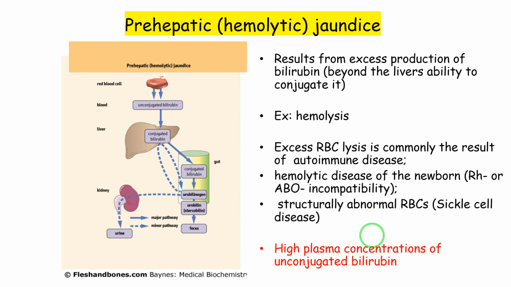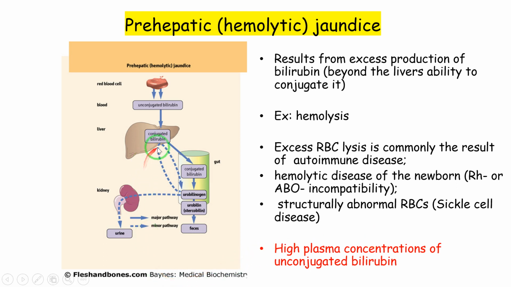So this type of jaundice is characterized by an increase in the total bilirubin and an increase in the unconjugated bilirubin, which is mainly the part that is increased, while the liver function tests, all the liver enzymes and other markers of liver function, are normal.